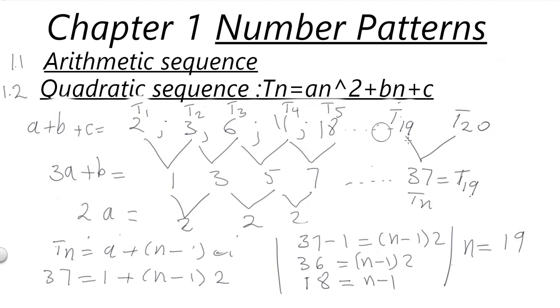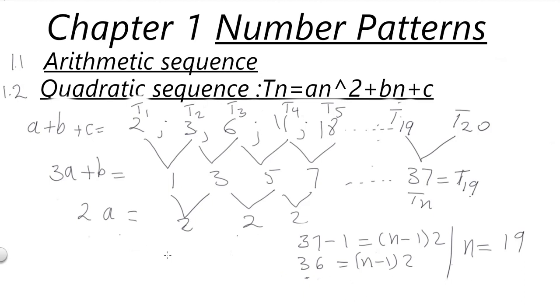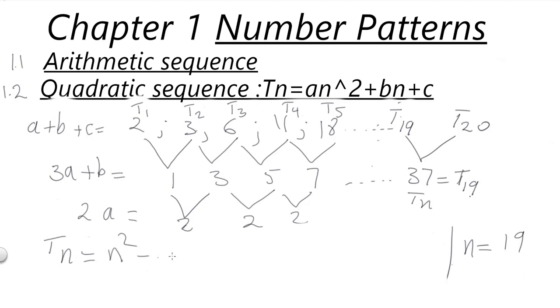I think Tn was n squared minus 2n plus 3, okay?